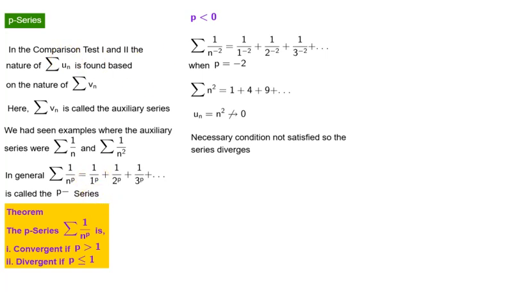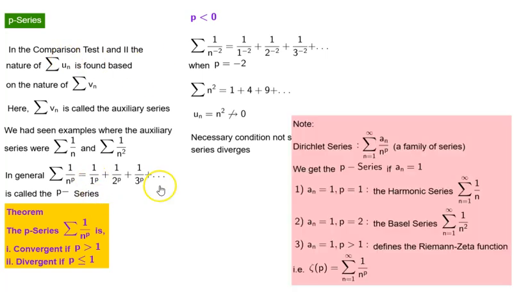Now let's look at some interesting points. We have the Dirichlet series, which is an infinite series a sub n divided by n to the power of p. Basically, this defines a family of series. We get the p series if a sub n is equal to 1, which is 1 by n to the power of p.